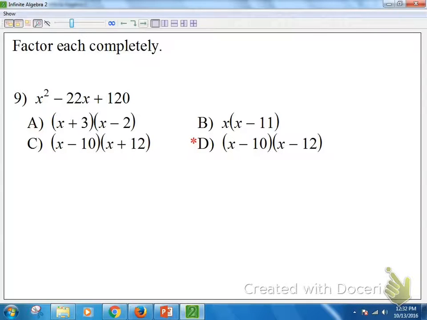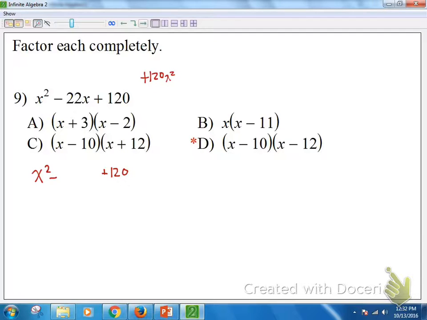Okay, number 9. This one, there is no GCF, but I could figure out what times itself will equal, well, let me rewrite this down here. I want to break this apart in the middle here. So we have x squared times positive 120 is positive 120x squared. So what two numbers multiply to be 120x squared that add up to be negative 22x?